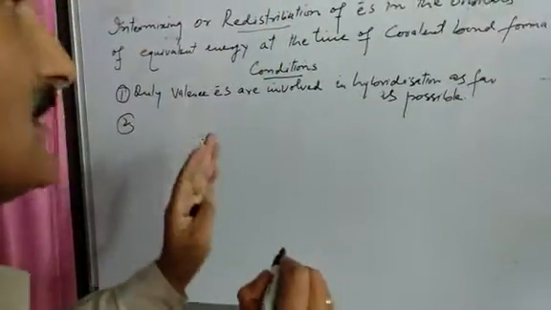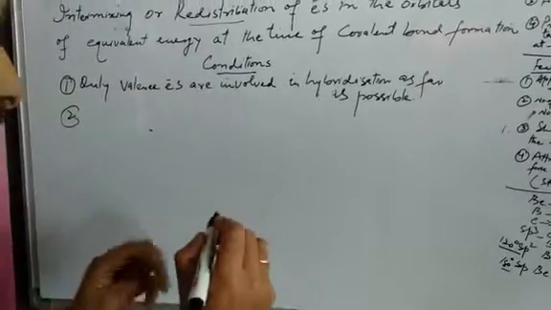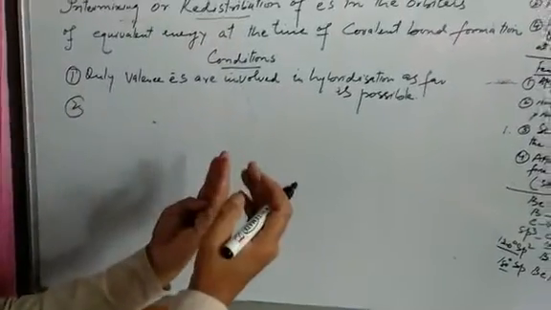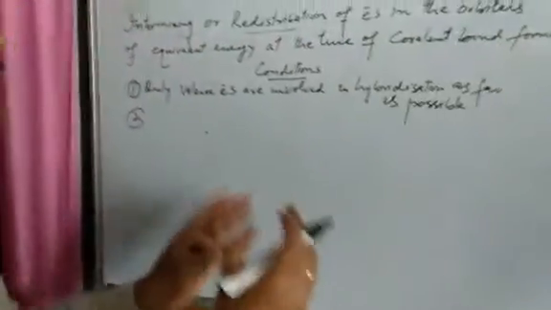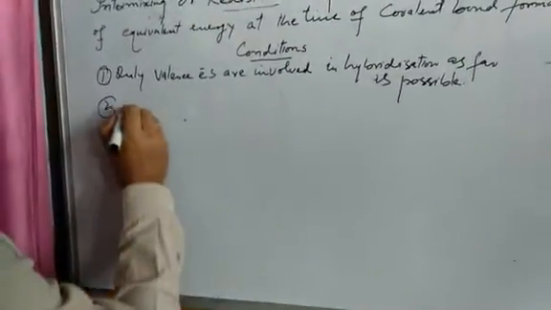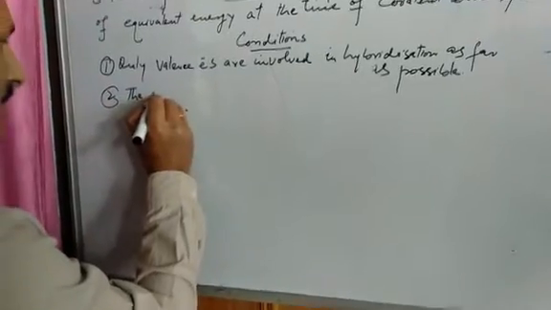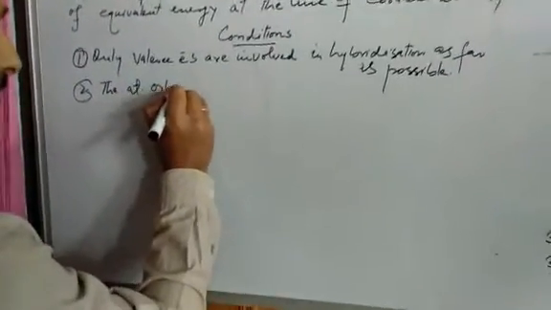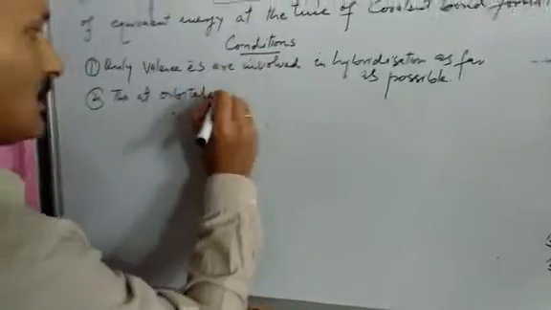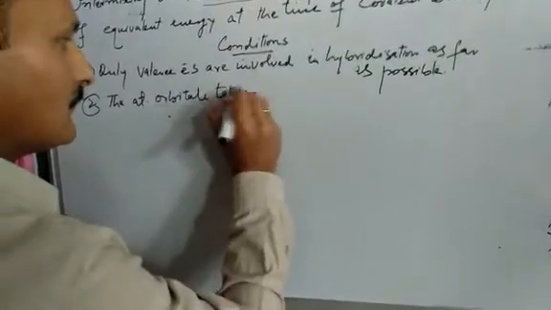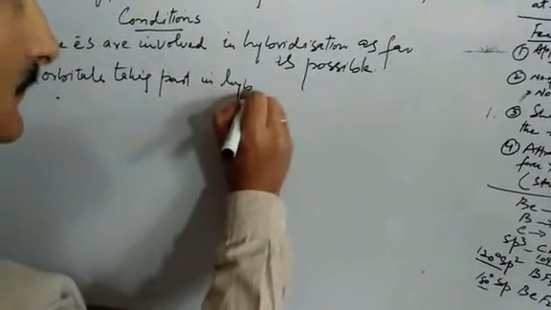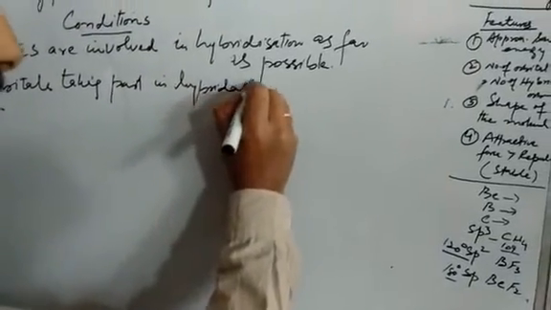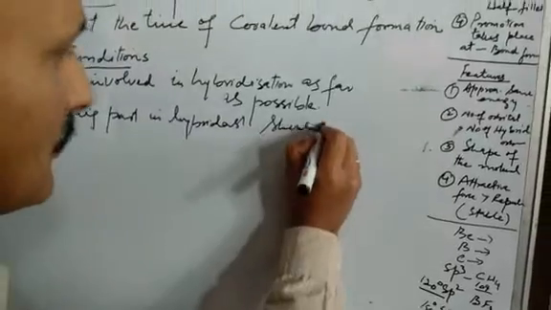Then we have another condition: the atomic orbitals taking part in hybridization, where intermixing is taking place, should have equal energy.